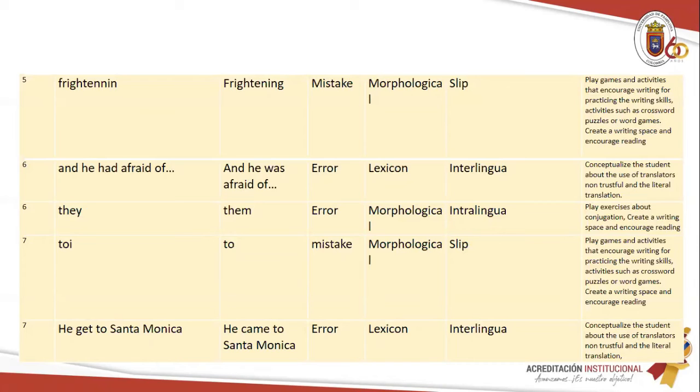If you try to say it in Spanish, this could have meaning, but in English it's not like that. We don't use the verb to have. Instead, we use the verb to be. And this is interlingual because he's trying to translate from L1 to L2. The same thing in "he get to Santa Monica."